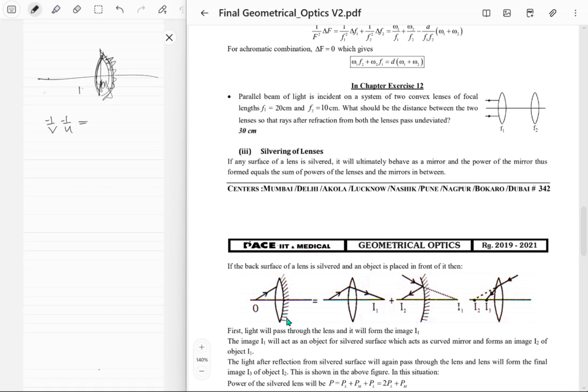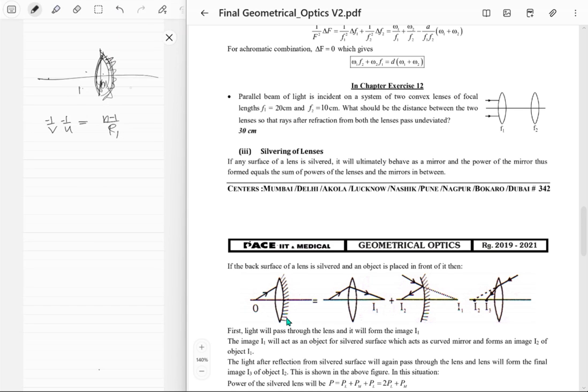What's happening is that first for this guy, you should just have mu2 minus mu1, so n minus 1 upon r1. Now for this case, you might even have something like this, right? We'll just take r1, r2 to be signed quantities.